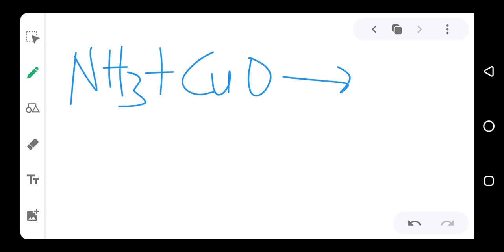nitrogen. Nitrogen does not exist as a monatomic substance. A monatomic substance is one that has only one atom. If nitrogen is standing alone anywhere, it must be diatomic, which means that two of it must come together.